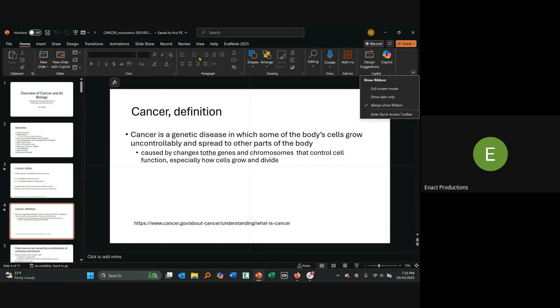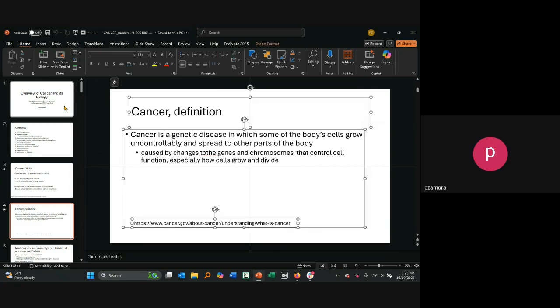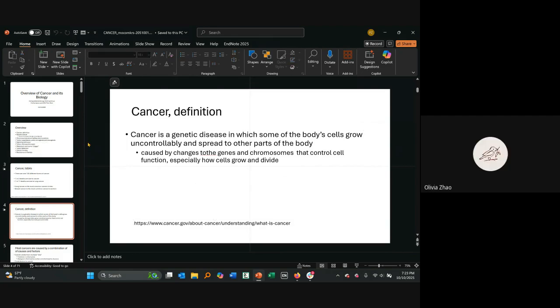So on the left, click a slide and do Control A. Does that work? I don't think it was animations that did that. Okay, I did that. I think it's also fine just to go through the slides like this. We can see the slide fine. Okay, well that's even better for me.